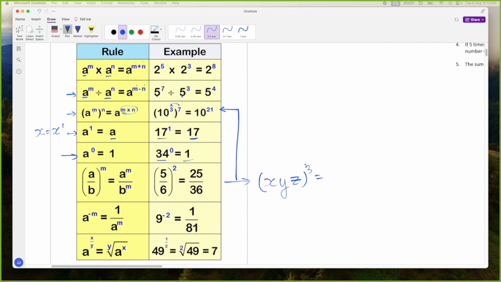So you're multiplying the power outside to all of the powers inside. So this would be x cubed, y cubed, z cubed, right?